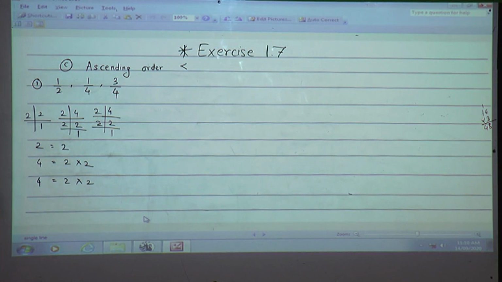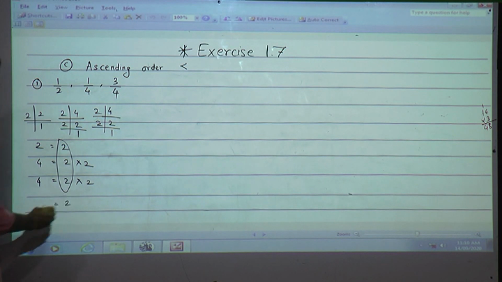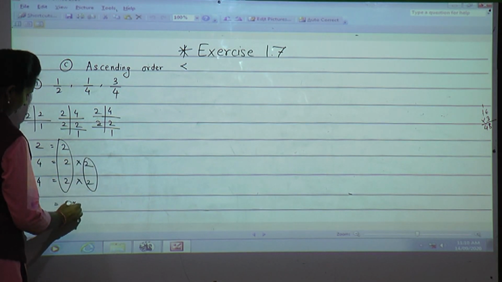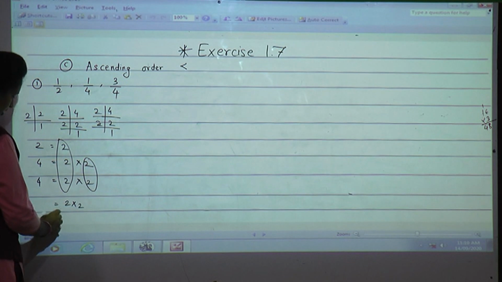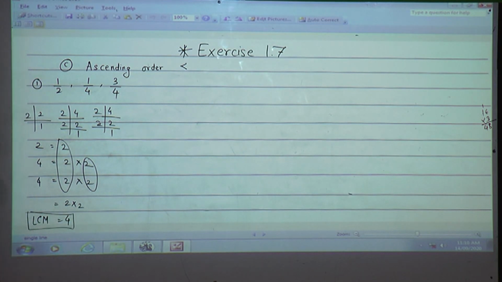The common factor we write only once, and the remaining factor, common multiplied by 2. So 2 twos are 4. The LCM is 4, isn't it? Correct. Now we will compare the numbers.